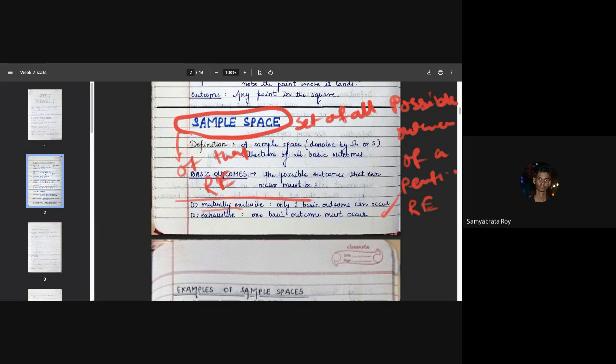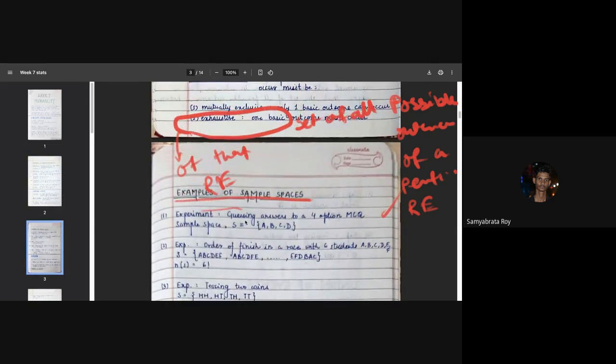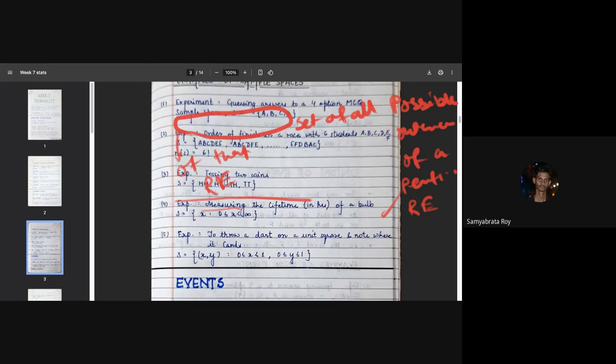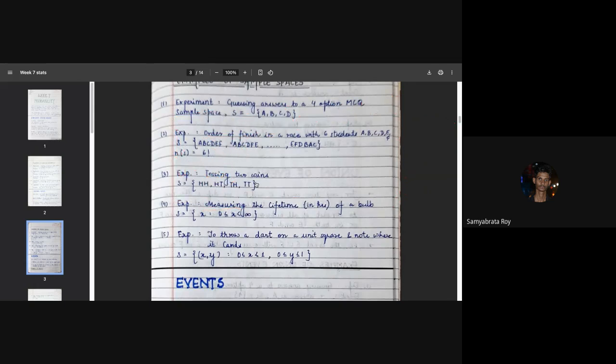It would be beneficial if you can construct an example on your own, but let me give you one as well. Suppose I'm tossing two coins simultaneously. What could appear? Head, head. Both could result in head. Head, tail could appear.